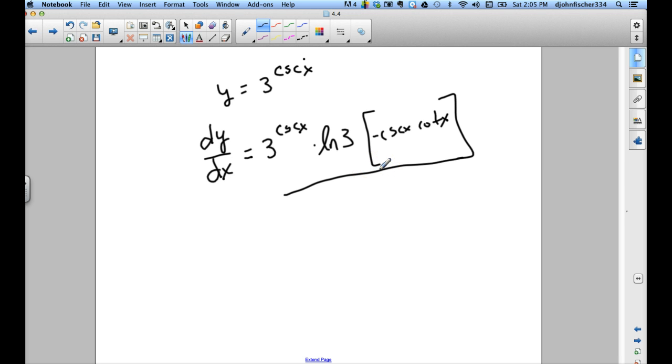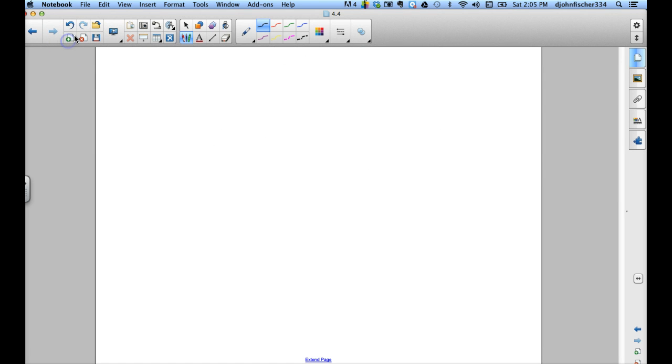Let's try another one. Let's try log base 5 of the square root of x. This is number 22. Y equals log base 5 of the square root of x.